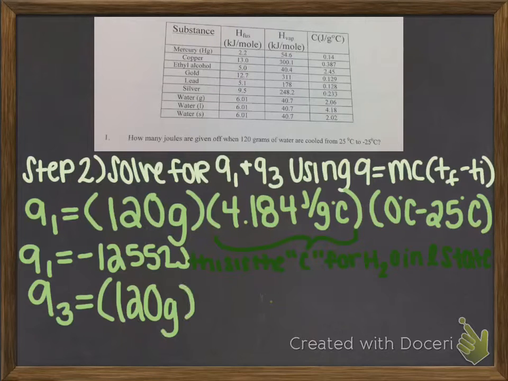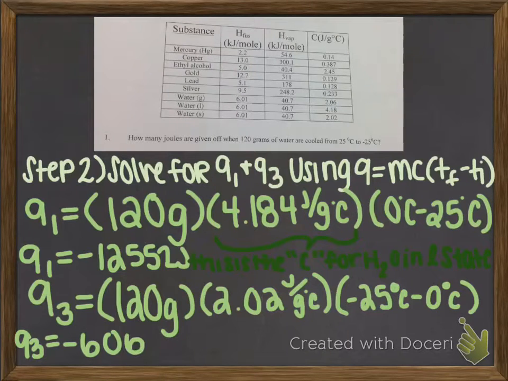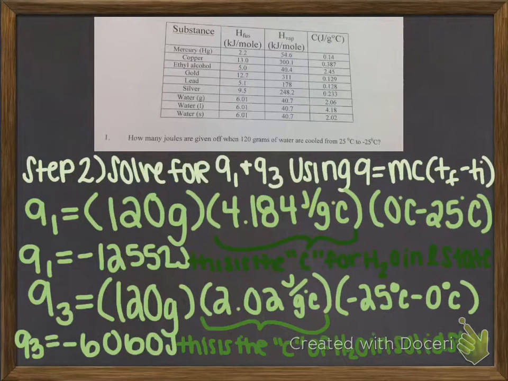Then we're going to go on to Q3. The mass is the only thing that stays the same in the equation, and that's 120 grams. We know that Q3 is a solid, so we look up at the chart and see that the specific heat for water as a solid is 2.02.